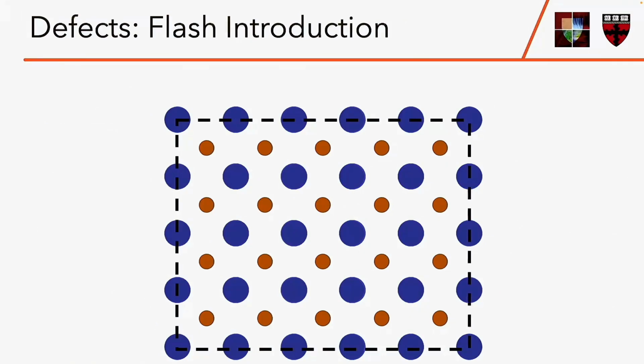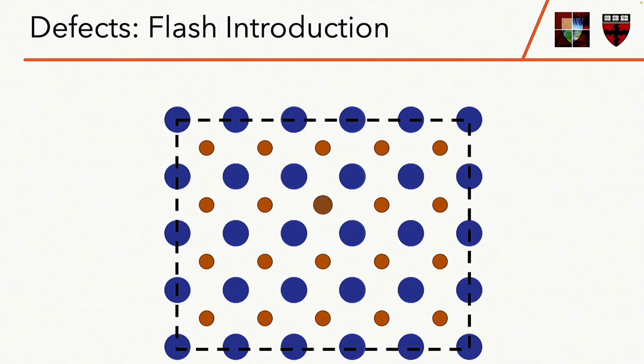Okay. So what do I mean when I say defects? Well, defects are atomic level impurities in the arrangement of atoms in solids that are present in essentially every bulk material. This can be something like a vacancy, where we have an atom missing from its typical lattice site.